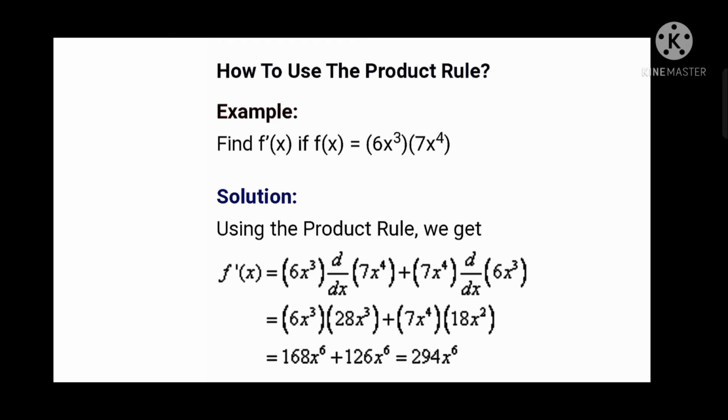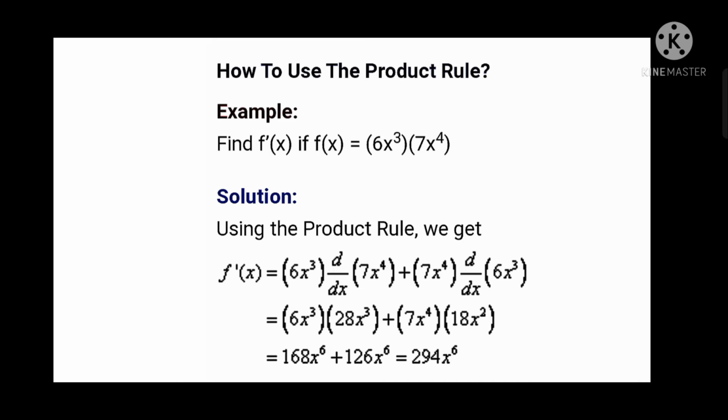Using the product rule, we get f prime of x is equal to 6x cubed times the derivative of 7x to the fourth, plus 7x to the fourth times the derivative of 6x cubed. Then that equals 6x to the power of 3 times 28x to the power of 3 plus 7x to the power of 4 times 18x squared.